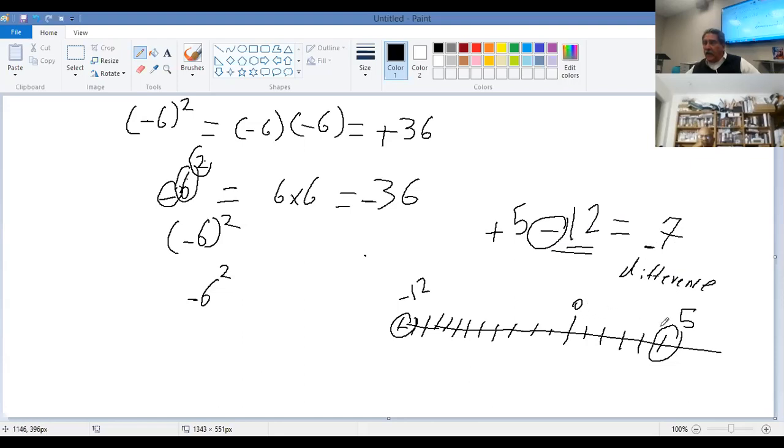If I have plus 5 and negative 12, I'm here, and I go 12 points in the opposite direction. So I come down 5 and then 7 more: 1, 2, 3, 4, 5, 6, 7.